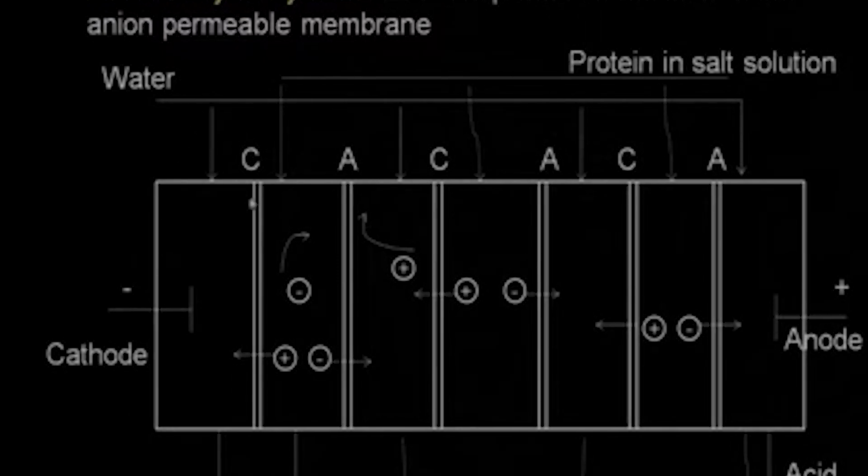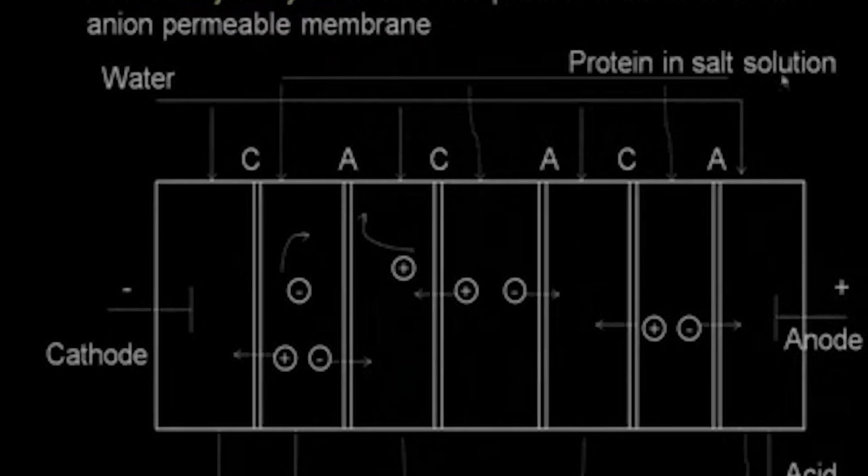We have cation selective membranes and anion selective membranes. In electrodialysis you have many compartments, and each chamber is separated by ion selective membranes. So you may have a cation selective membrane, then an anion selective membrane, again a cation selective, and so on. Then you apply a very large voltage between the anode and the cathode.